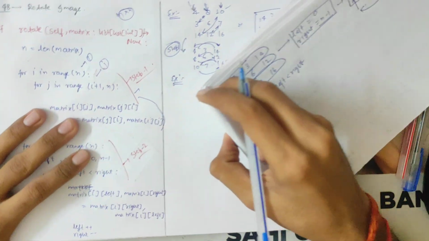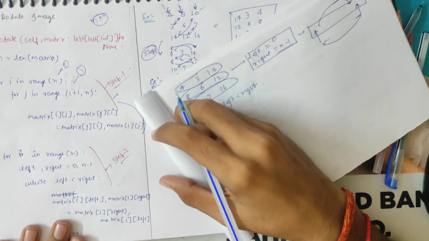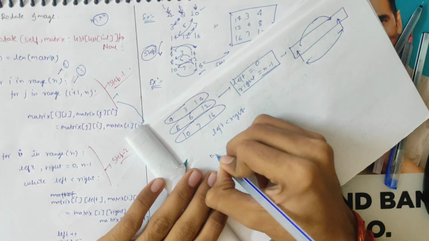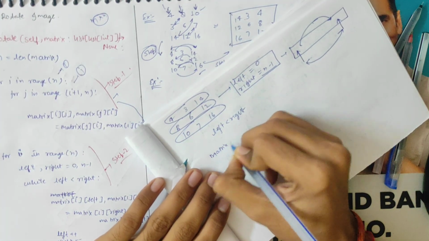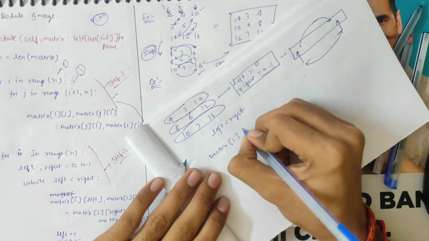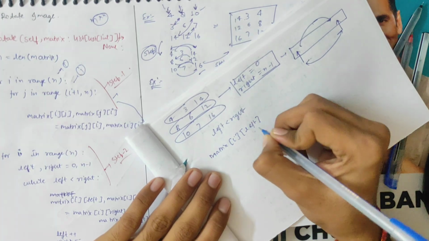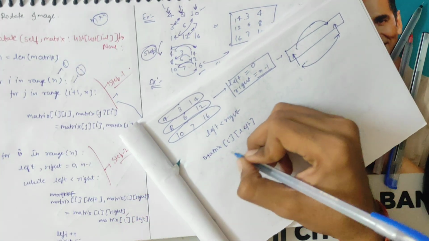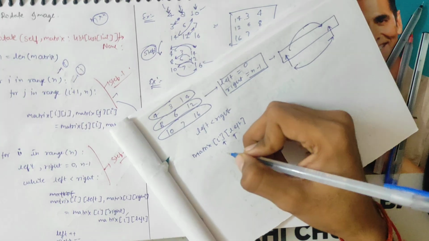Here is the swap function in which we are swapping the values. Matrix, which is written as matrix i comma left. Sorry, I'm saying i comma left. It is the row, and it is the column.